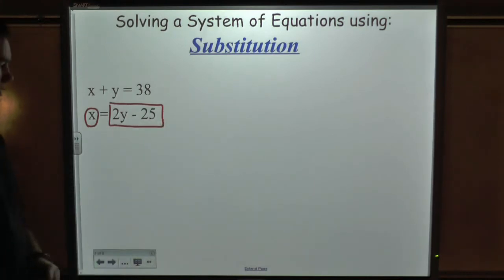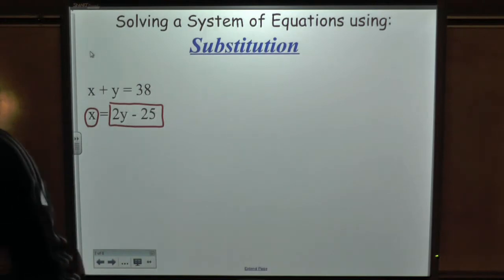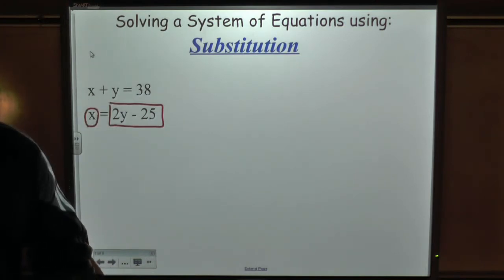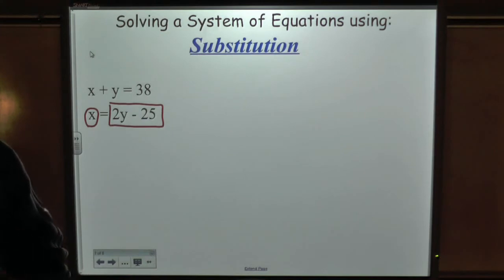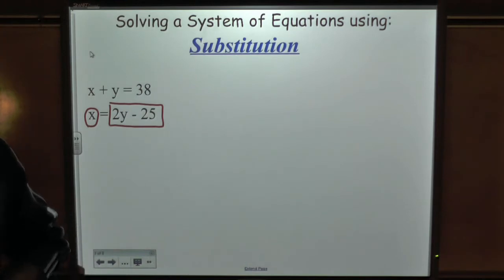So as we look at either of these equations, we can't solve them. The reason why we can't solve them is because we have two different types of variables in here. You don't know how to solve an equation with two different types of variables, and that's okay, because we haven't gone through that yet. We do know how to solve an equation with one variable in it.